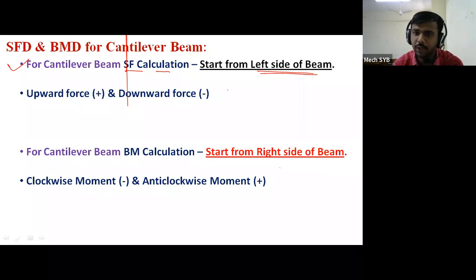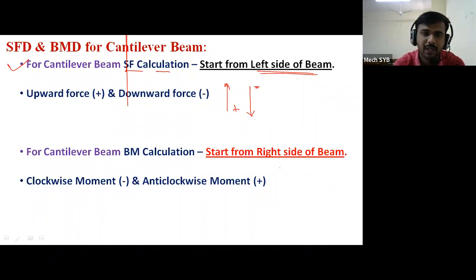Therefore, the forces which are moving in upward direction we have taken positive, and the forces which are moving in downward direction we have taken negative. Means the process of SF calculation for simply supported beam, for overhanging beam, and for cantilever beam is the same. For all three types of beam, SF calculation we start from the left side. Therefore, upward forces positive, downward forces negative. So this is the first step, which is similar.